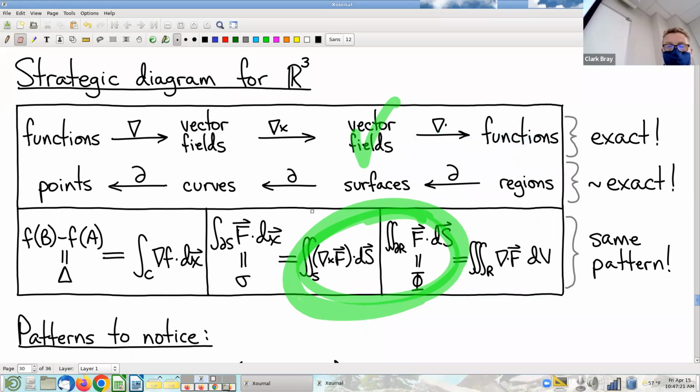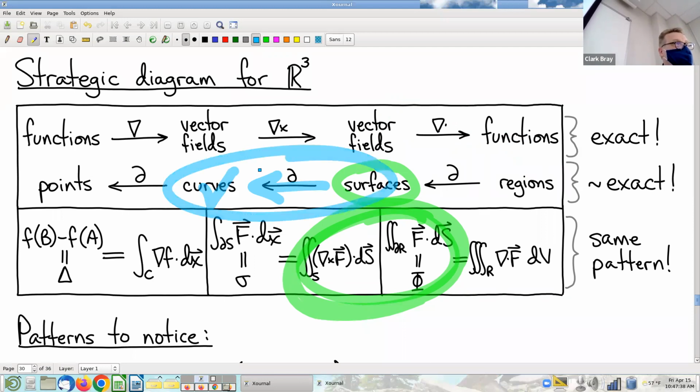Note further, if you've been asked to compute a flux through some surface, the diagram tells you to think about the boundary curve of that surface, and you might be able to use Stokes's theorem there.